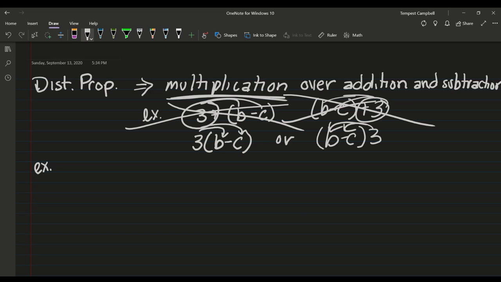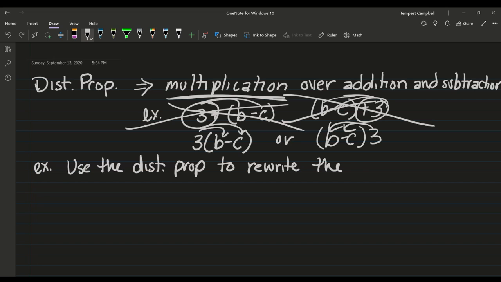The first example, we're going to say use the distributive property to rewrite the following expression and simplify.